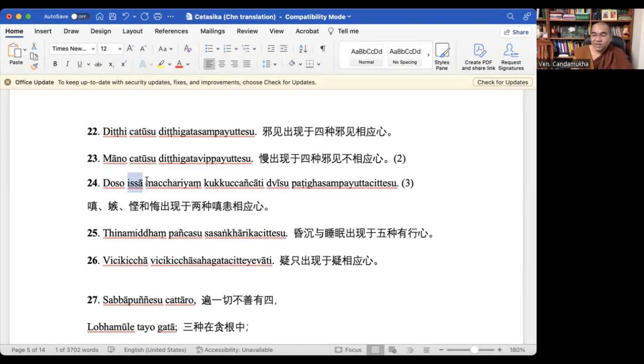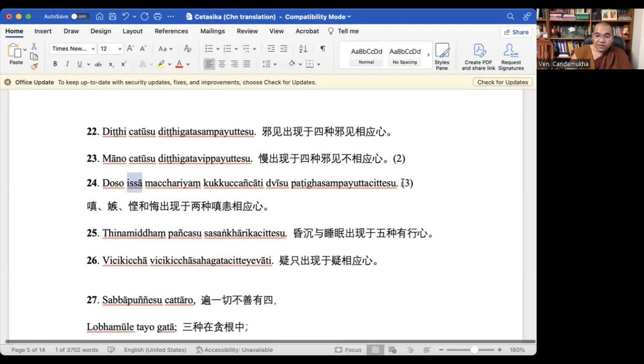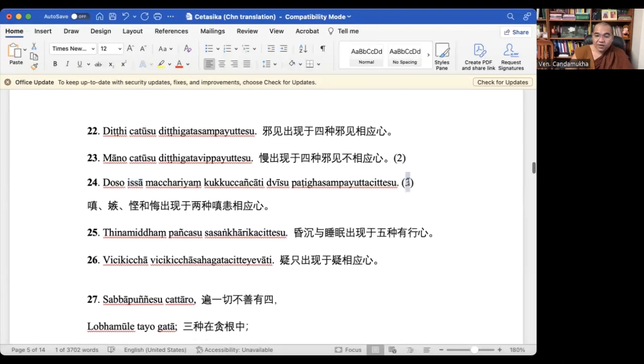Dosa, Issa, Machariya, Kukkucca arise separately. They arise together with the two dosa mula cittas occasionally, from time to time, according to their attention. So that is one sampayoga naya in the dosa group.